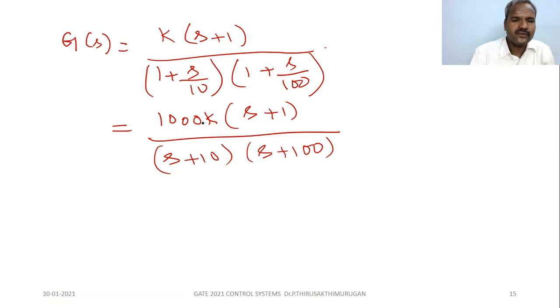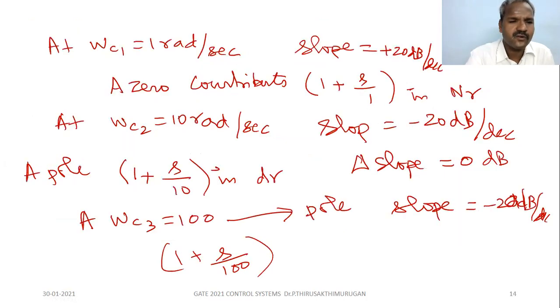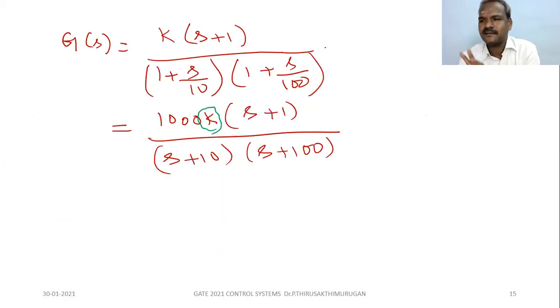We don't know the value of k. So what is the initial magnitude here? Minus 20 dB. The initial magnitude gives 20 log of the modulus of G, so at omega equal to 0, you can consider the factors as 1.